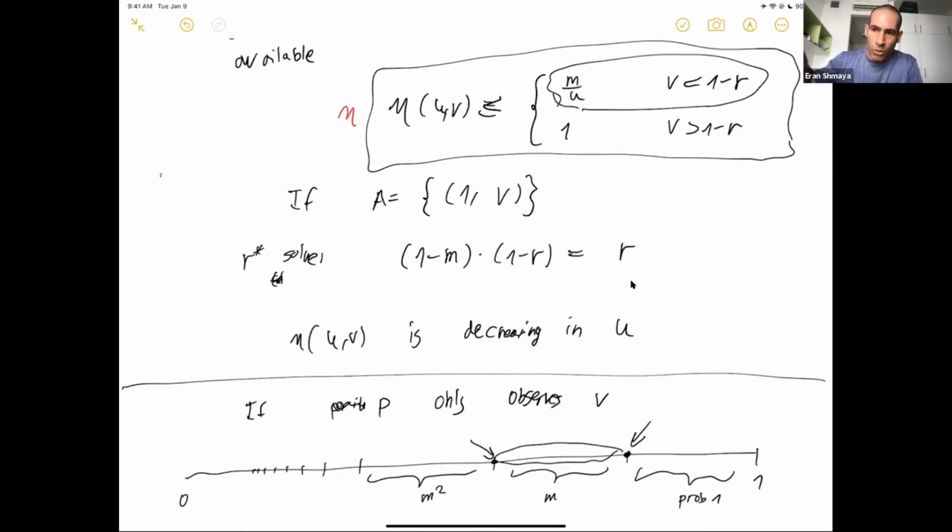It allowed us to identify the benefit of observing the agent's utility in this project. The optimal mechanism decreases in the agent utility if we observe it, and if we don't, you get a different structure of optimal mechanism. Thank you.